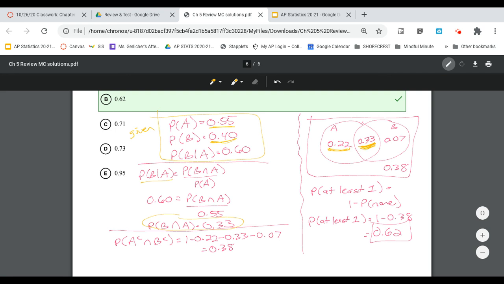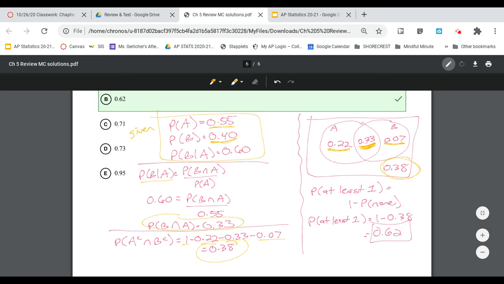I've got 0.33 plus X basically equals 0.4. So 0.4 minus 0.33 gives me 0.07 for the rest of the B bubble. And then now that I knew those three things, I could figure out what my outside number is. I could say, okay, everything should add up to 1. So 1 minus 0.22 minus 0.33 minus 0.07. So minus all the parts gave me 0.38 for my outside.